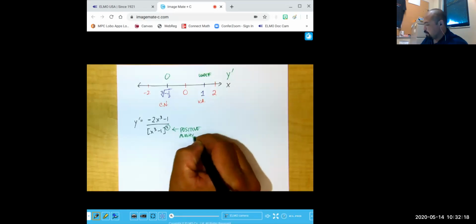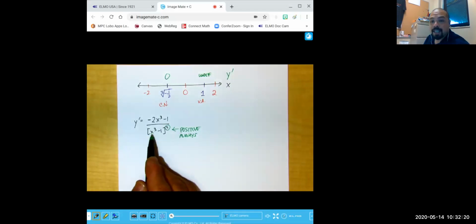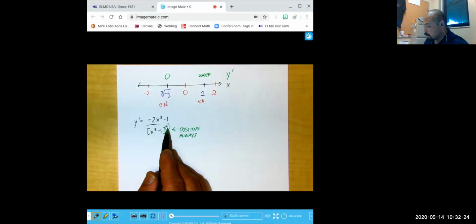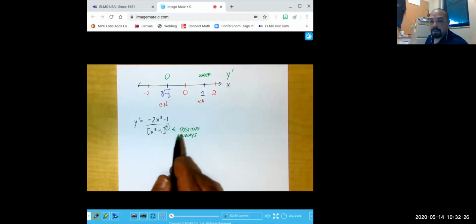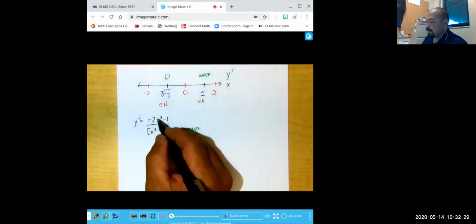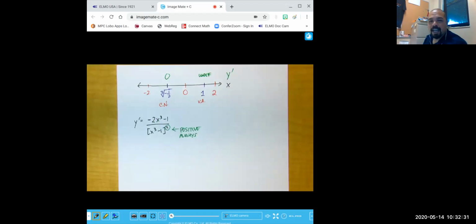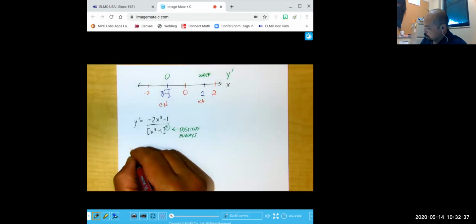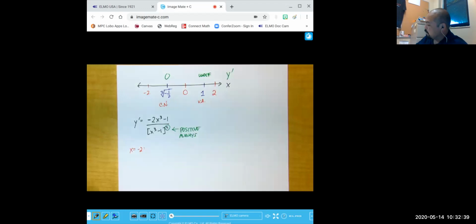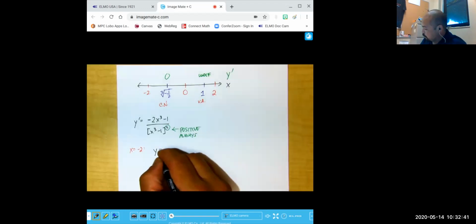Any x we plug in, because we'll calculate inside the parentheses and square after, that's always going to be positive. So the real concern is what's happening up in that numerator. Unfortunately, I can't really factor it nicely, but with these values it's not going to be too difficult to compute. So plugging in x is -2.